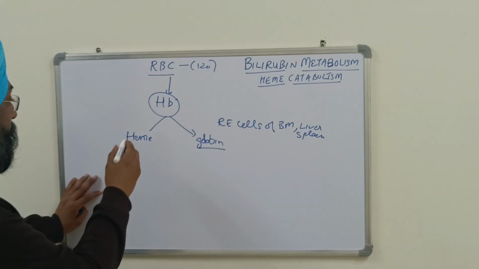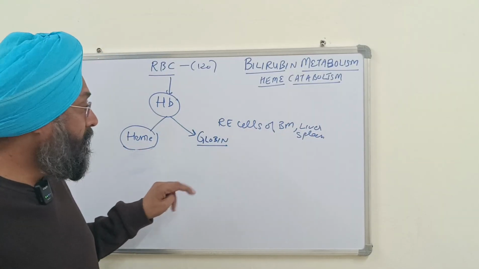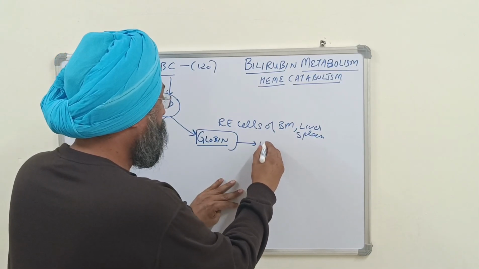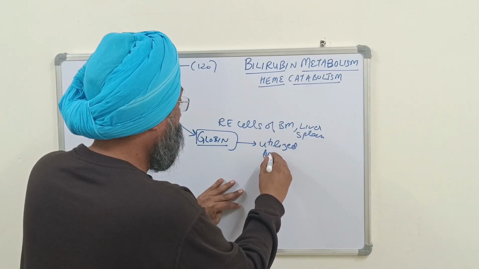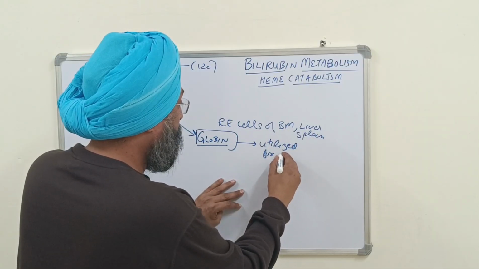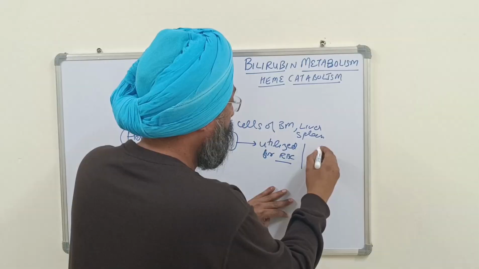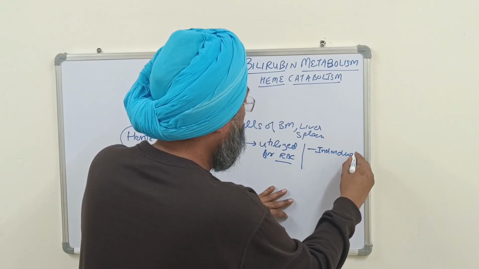As hemoglobin is broken down to form heme and globin, this globin can be reutilized again for RBC synthesis, and moreover it can be broken down to individual amino acids.